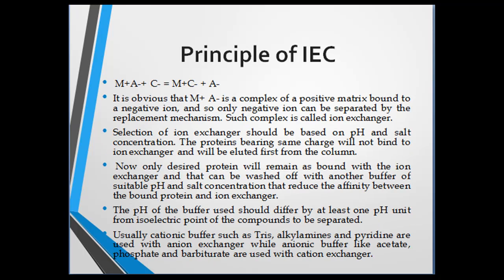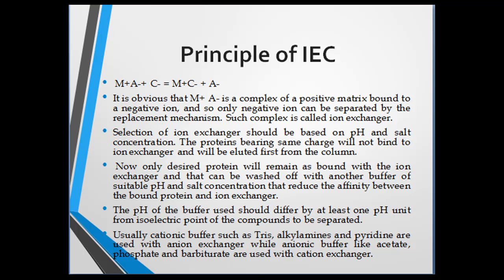It is obvious that M+A- is a complex of a positive matrix bound to a negative ion, and so only a negative ion can be separated by the replacement mechanism. Such a process is called ion exchange.